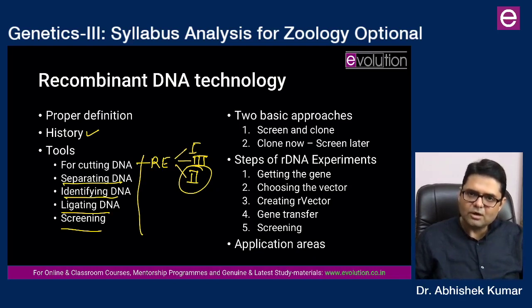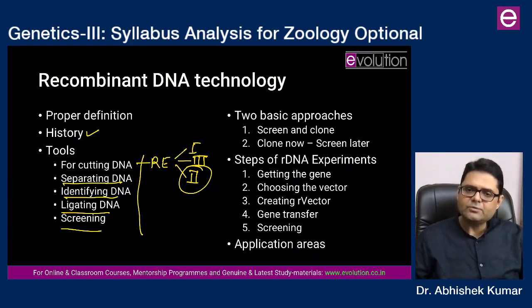After you have done all of these, you will be coming to the method. There are two basic approaches to carry out a recombinant DNA experiment. First, you work right from the beginning with a known piece of DNA segment. Let's say that you want to transfer the human insulin gene into Escherichia coli.